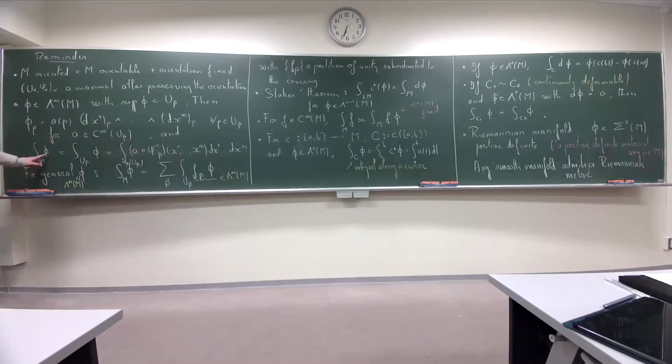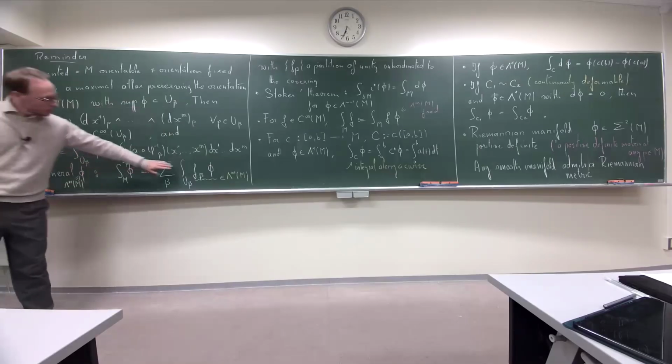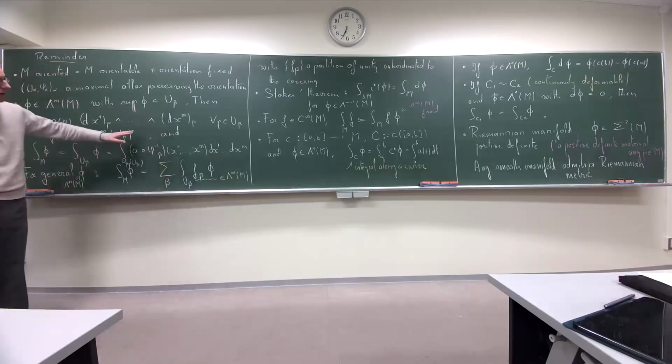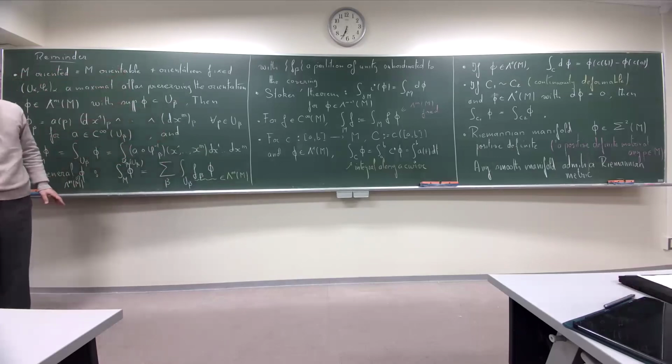This is if the m-form has support on one chart. Of course, sometimes you need more than one chart. So for a general m-form, what you need is a partition of unity. You define the integral of the m-form on M with a partition of unity, and this partition of unity has to be subordinate to the covering.